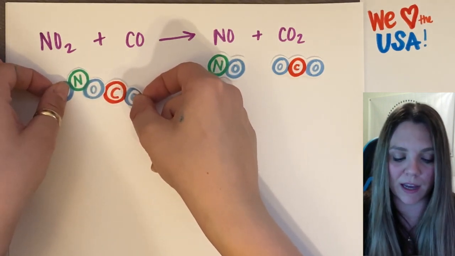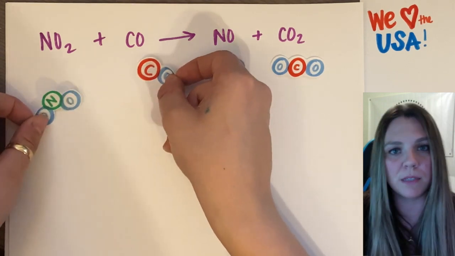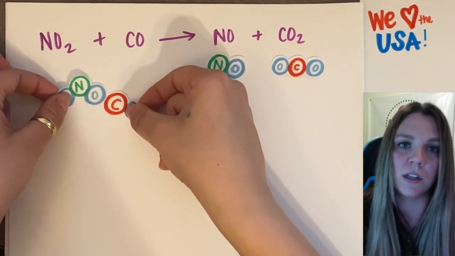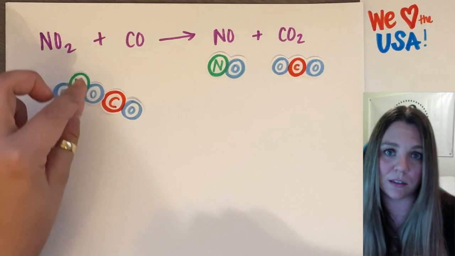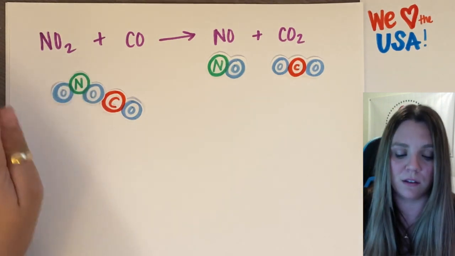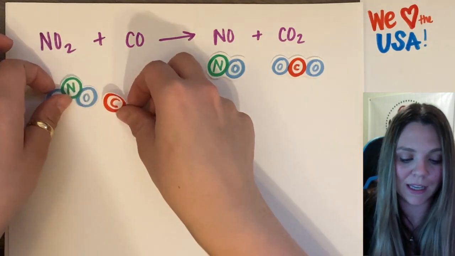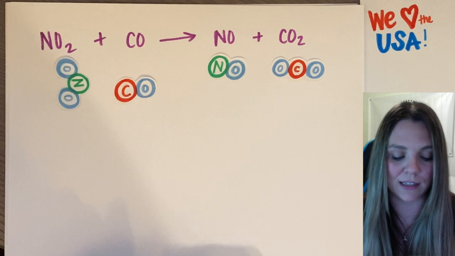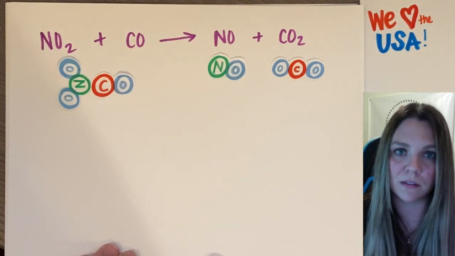So they actually have to collide, and they have to collide with enough energy. It can't just be like, bump, I'm done, womp womp. No, it has to be forceful enough to overtake the activation energy so that it will take that oxygen away from my nitrogen dioxide. If my nitrogen dioxide collided like this, nothing happens.